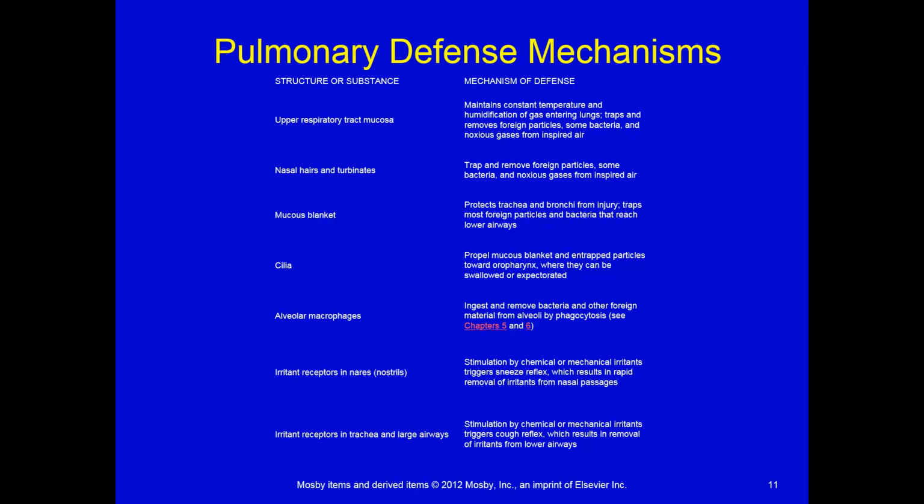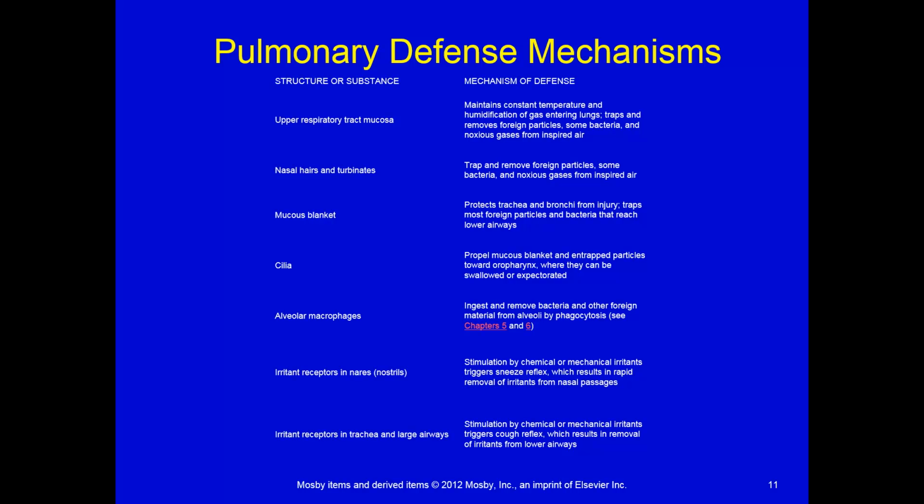And anyone know which epithelial cells of the bronchi actually secrete that mucus? Anybody remember that from A&P? Goblet cells? Does that ring a bell at all? It's the goblet cells that help create that mucus blanket.